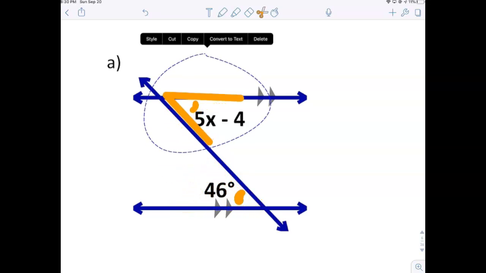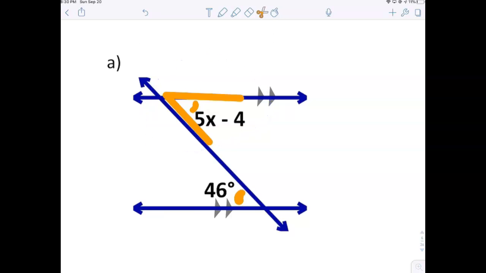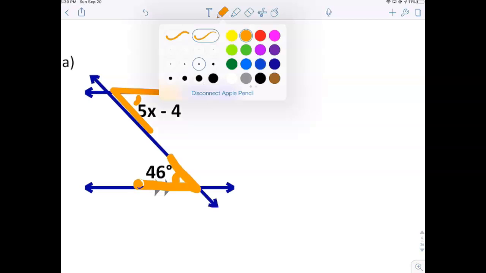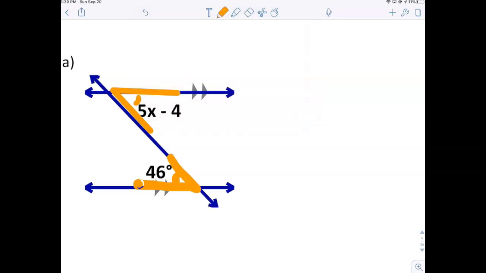You can clearly see that this is acute. With parallel lines and a transversal, if they're both acute, or if they're both obtuse, then they're the same. So in this case, because they're both acute, they are the same.